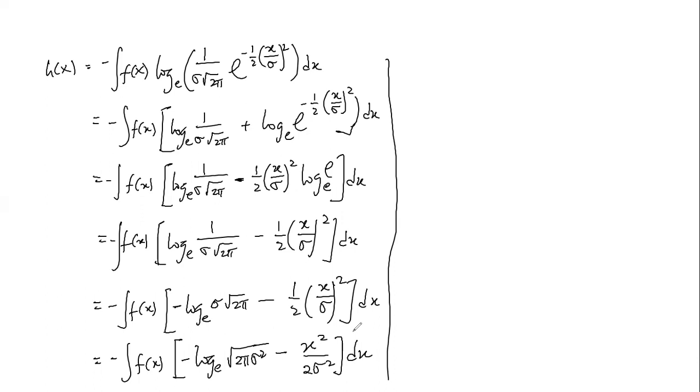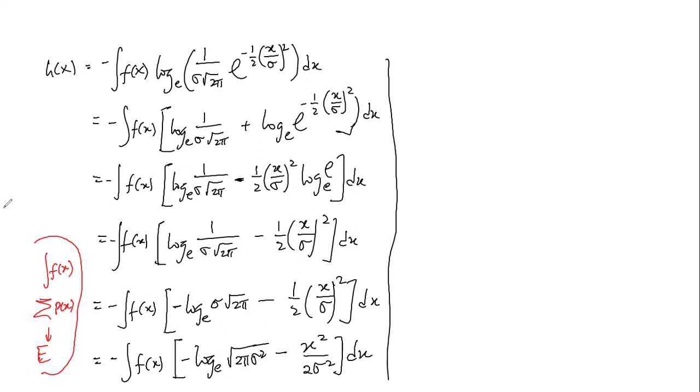So from here, we already know that if we take the expectation value, this is a constant. Recall, this is the expectation value. Now, this sum of f of x is equivalent to our sum of p of x, which is equivalent to our expectation value. This is what we've been playing with.